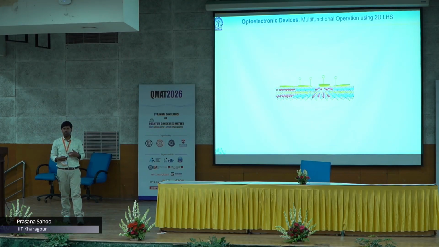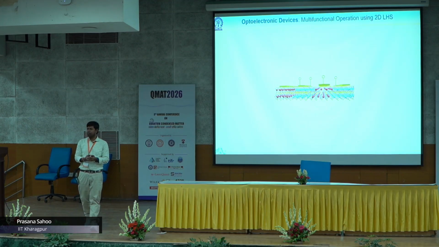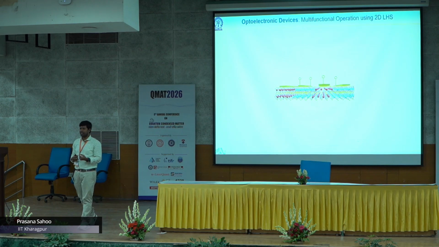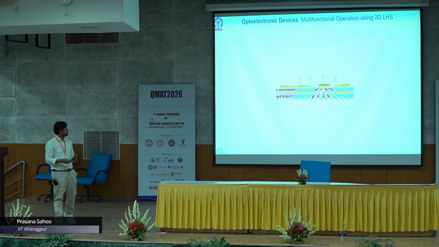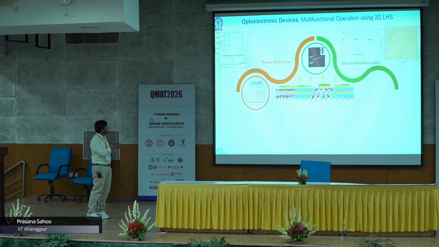Okay, now coming to, as I promised, I can show you how a single platform can be connected in a multifunctional manner. One device can work like a detector, an emitter, and other aspects. Since, as I told, we have a PN junction, we can do a lot of photodetection. As Atikuru also mentioned, for photodetector or photovoltaic, a PN junction is very good.